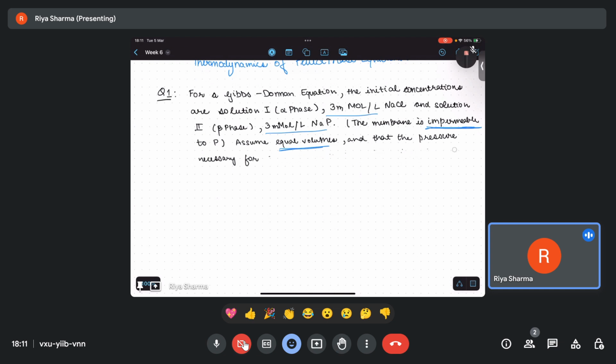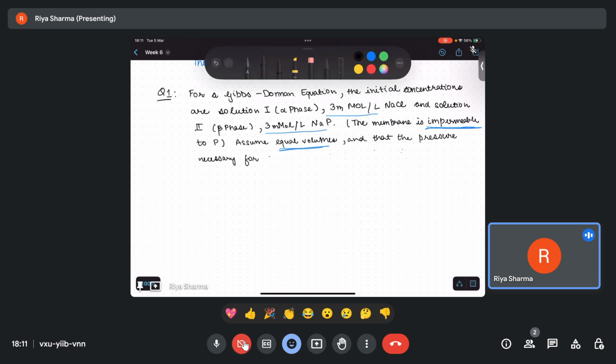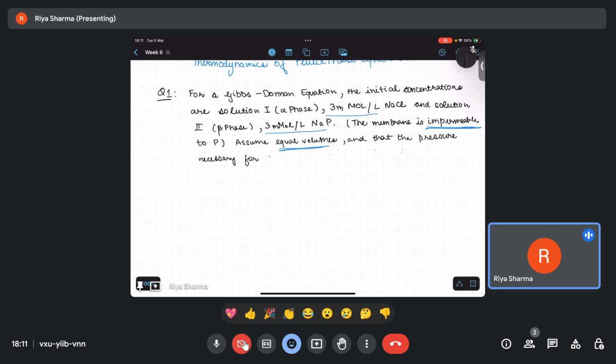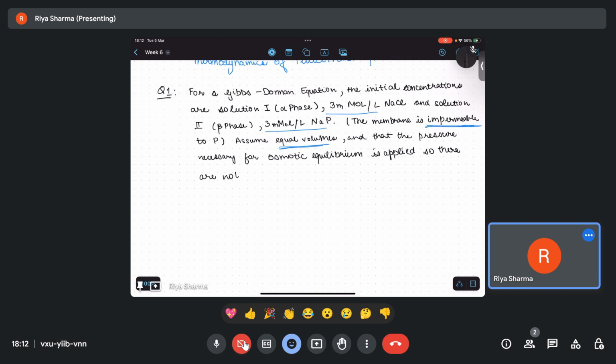Yeah, the pressure necessary for osmotic equilibrium is applied, so there are no water fluxes.